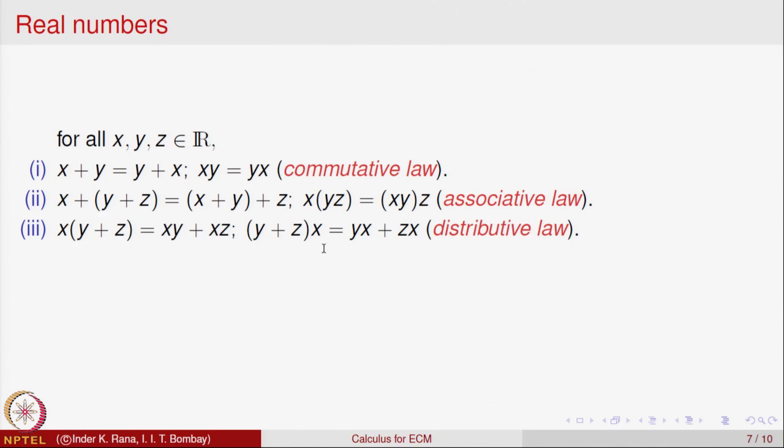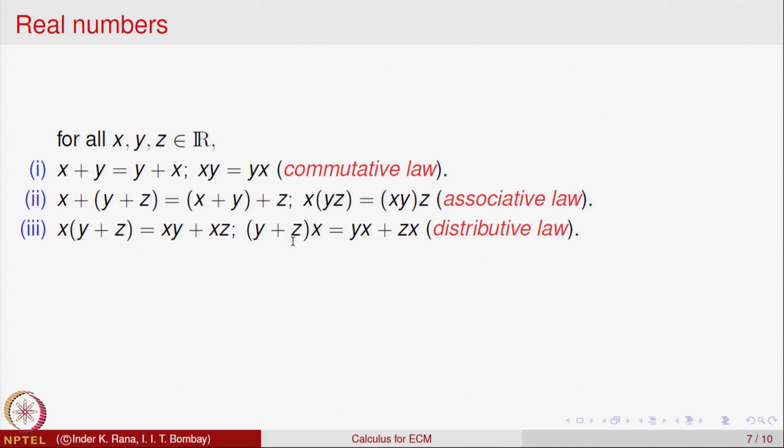The next is what is called the distributive property, namely multiplication and addition distribute over each other. If you multiply the sum of y plus z with x, that is the same as multiplying x with y and x with z and adding those two products to get x y plus x z. So, multiplication here distributes over addition.